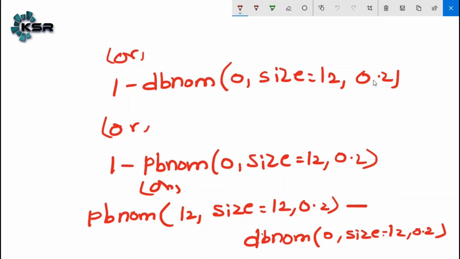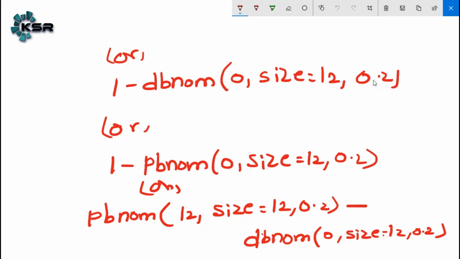Suppose this formula is for at least one correct answer. I want at least two correct answers, then what will it be? That means 2, 3, 4 like that.